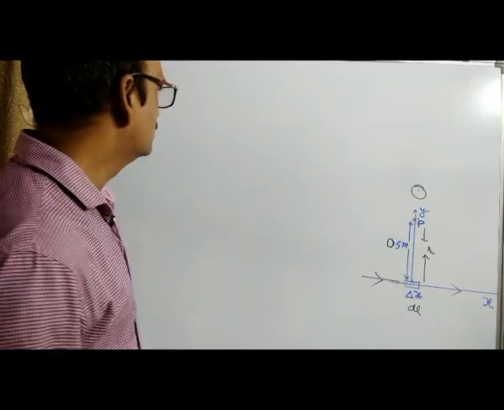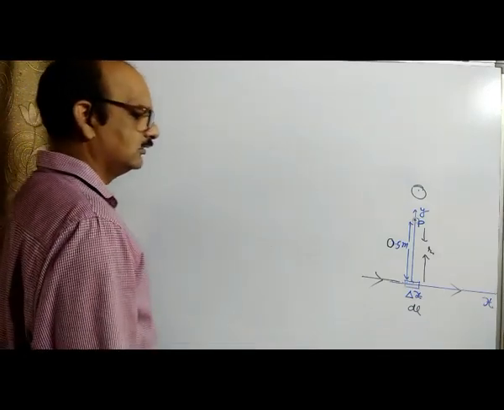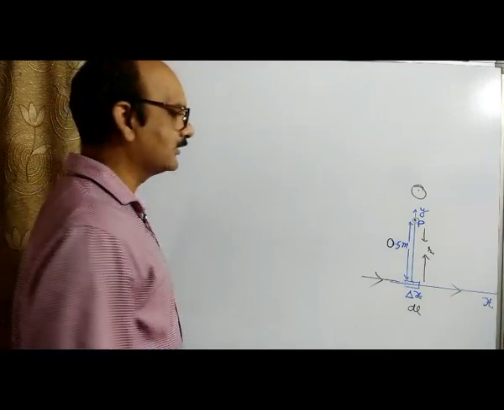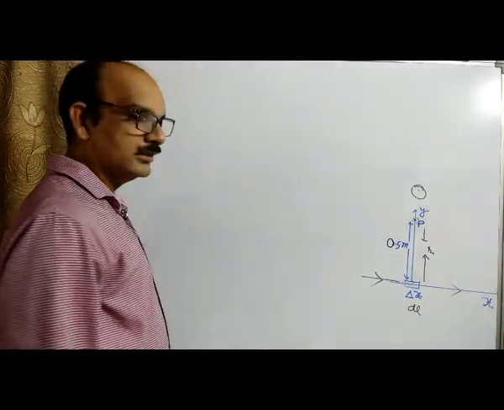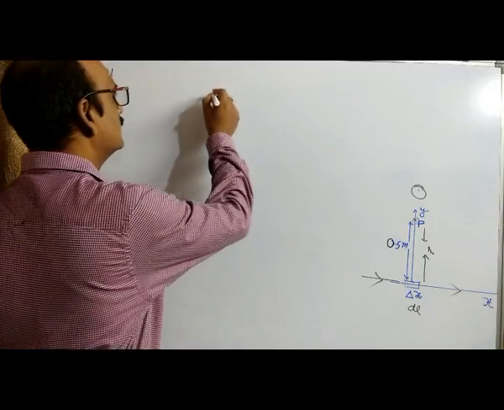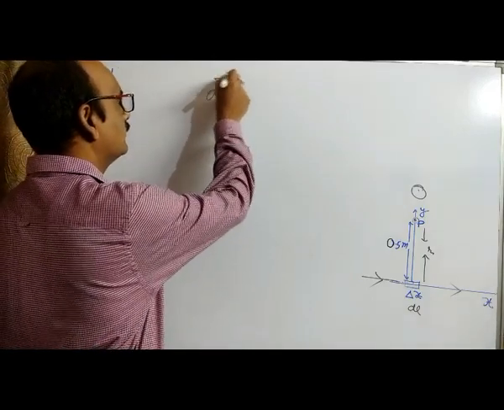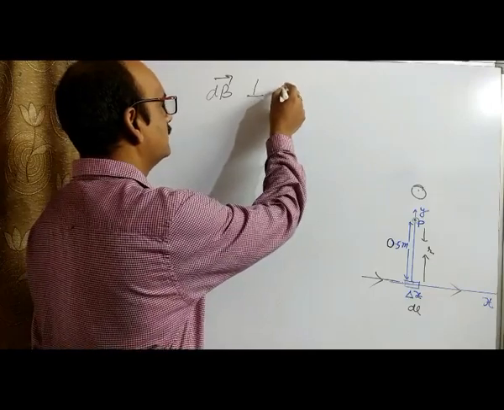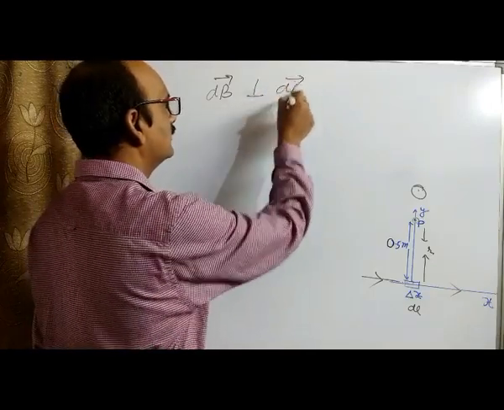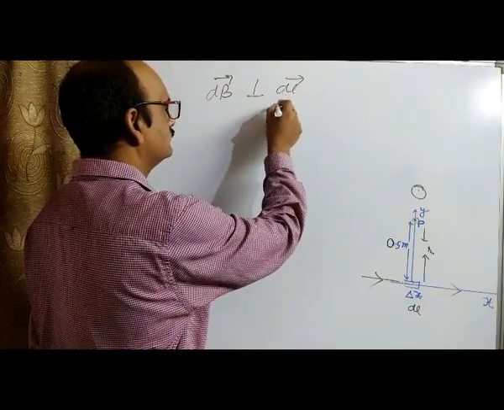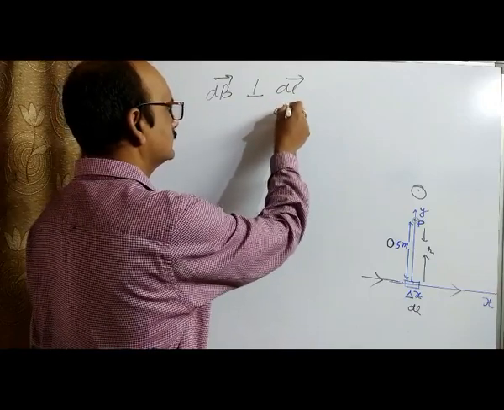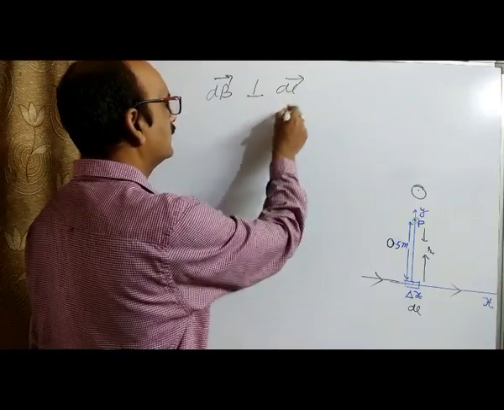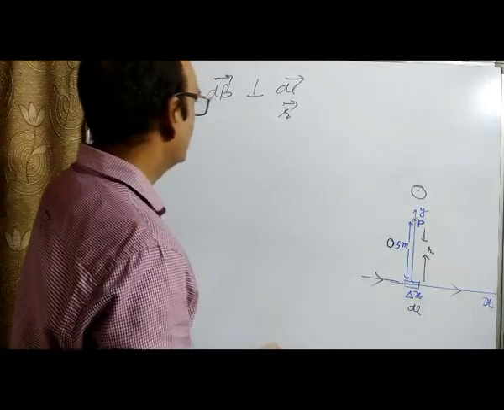Mathematically we can show what will be the direction of magnetic field at the point P. We know that the vector dB will be perpendicular to the plane, that is the plane of DL and R, right?